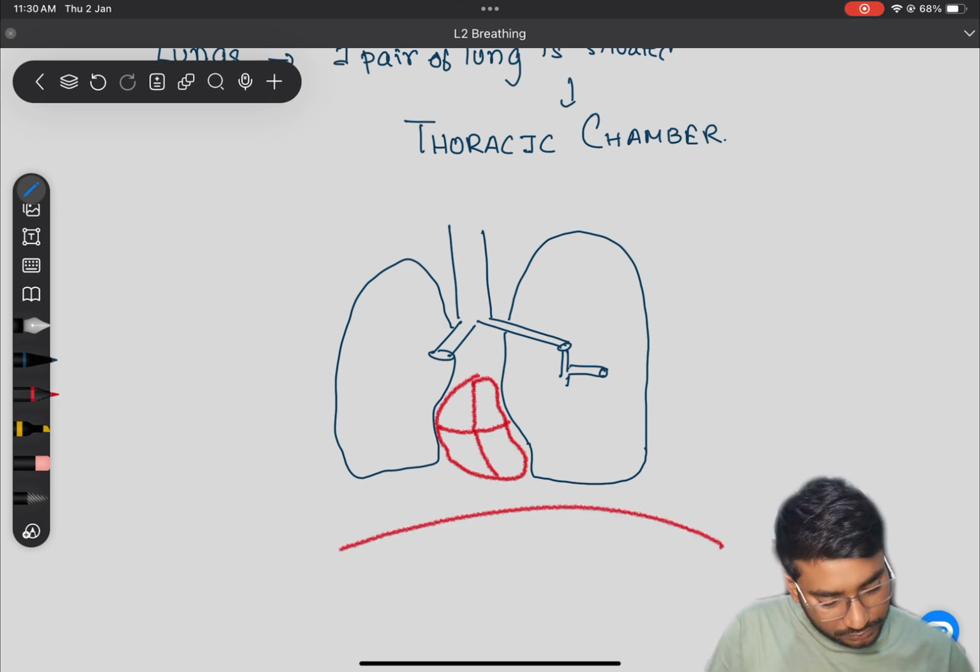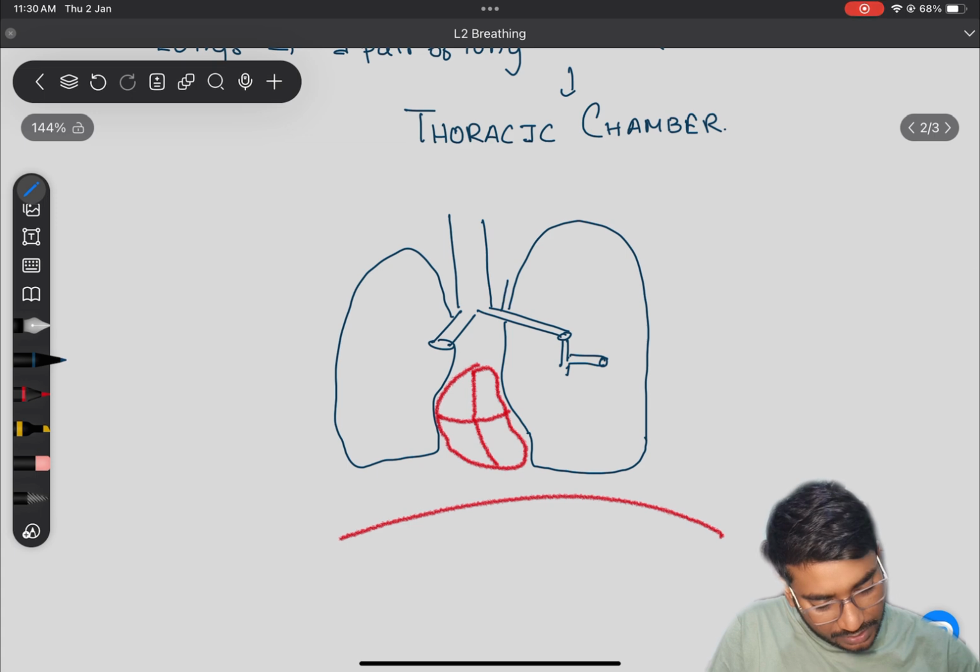Now this is covered by a thin membranous layer.